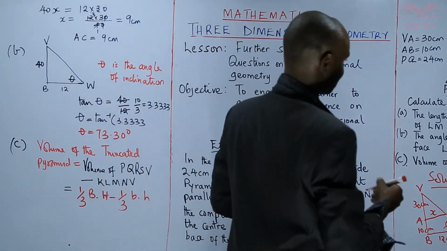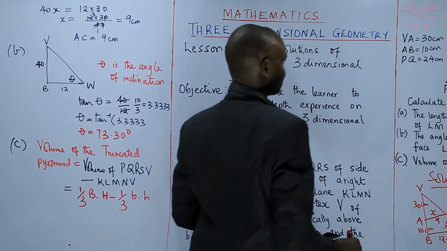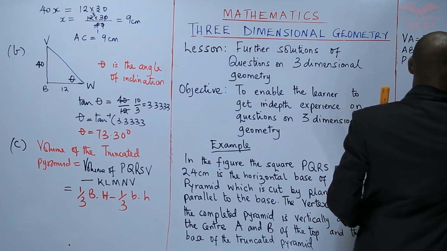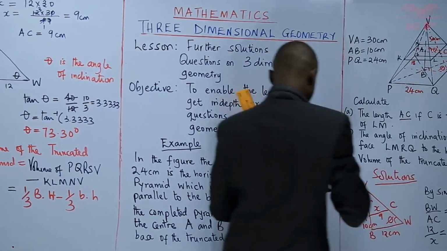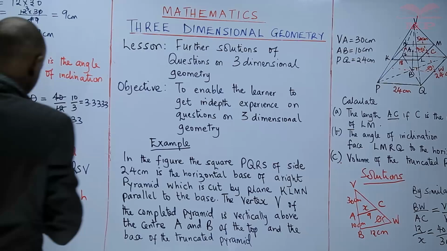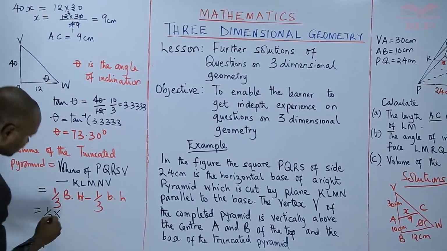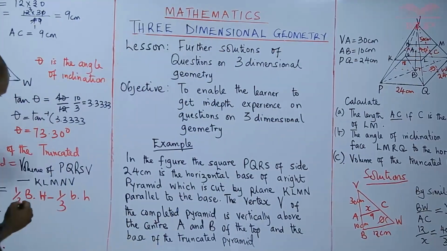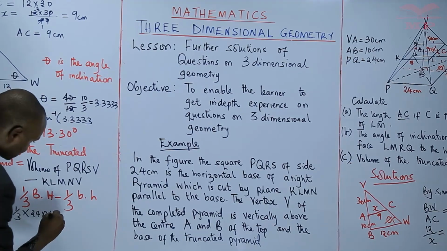So luckily enough here, I got this to be 9. So the whole of these, if this is 9, it will be 9 plus 9. For this one, it will be 18, the whole of it. So I'll come and work out base area. It will be a third. I'll come here. This is 24 times 24 times 40.